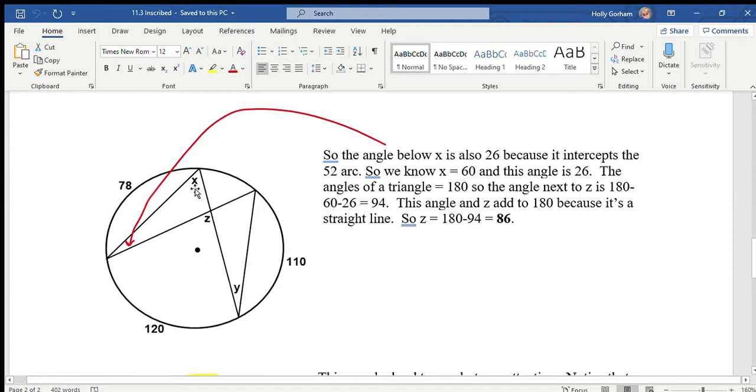So if we take 60 and 26 and subtract from 180, we would get 94. Now that 94, it's next to the z. Together, 94 and z have to add to 180 because it's a straight line. So when you do 180 minus 94, that gives you z is equal to 86.